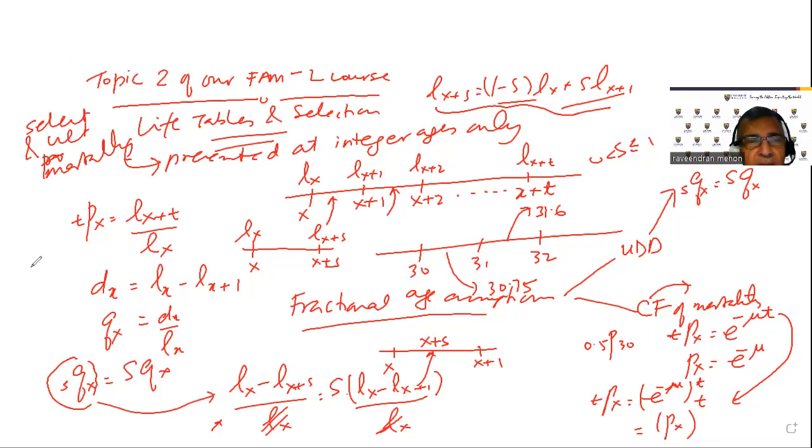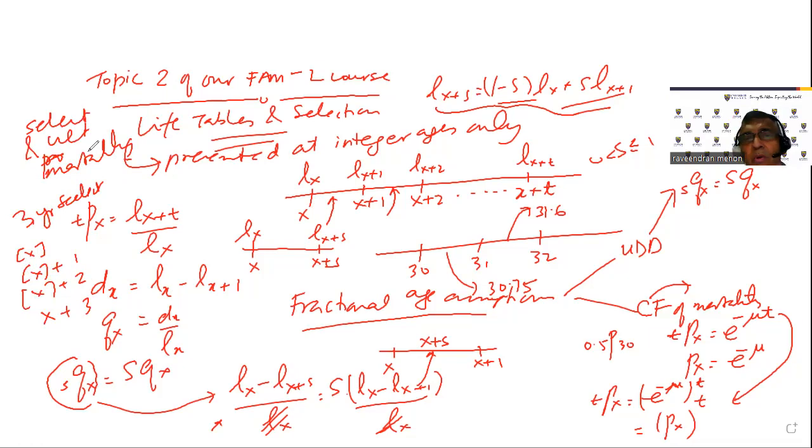We'll be looking at things like when you get selected at age x, and let's say you have a 3-year select period, you'll have x plus 1, x plus 2, and then finally x plus 3. Your select period wears off after 3 years if you're looking at a 3-year select period. I'll tell you about all those things in detail.